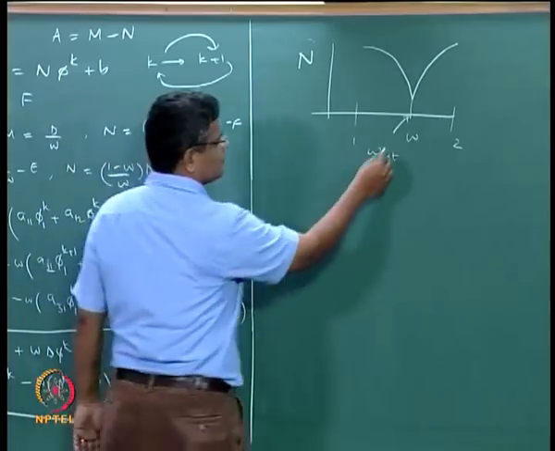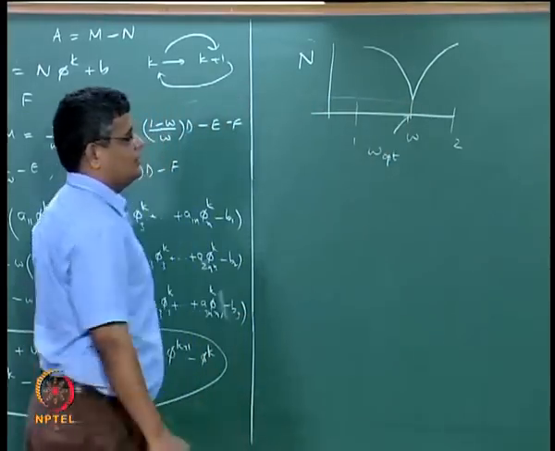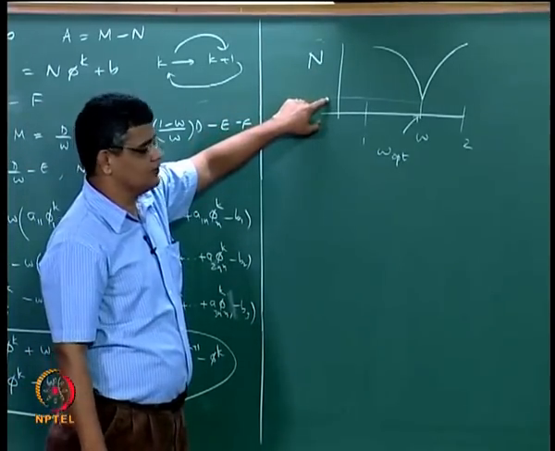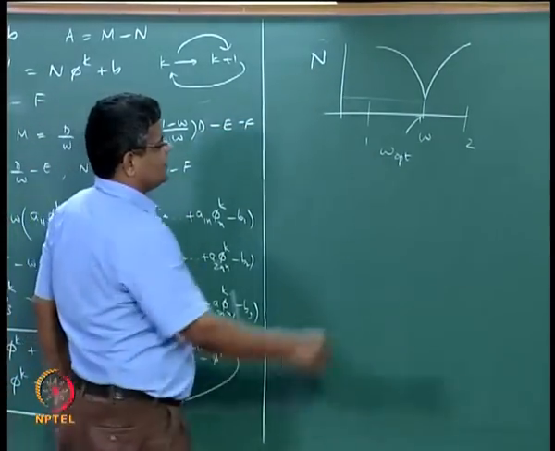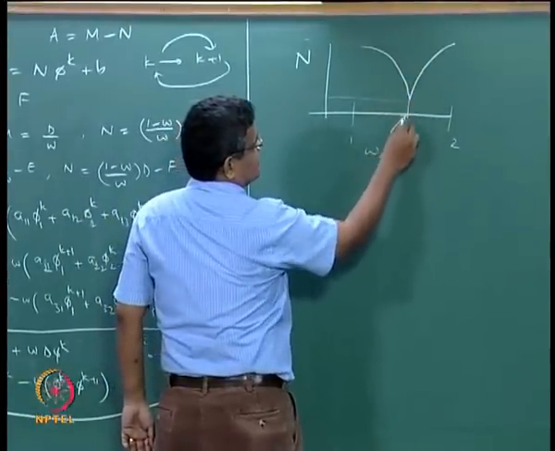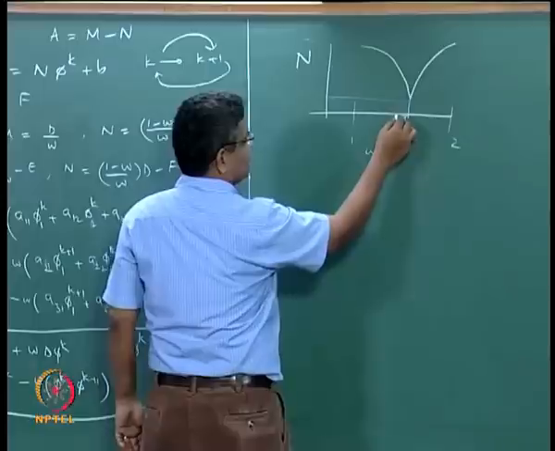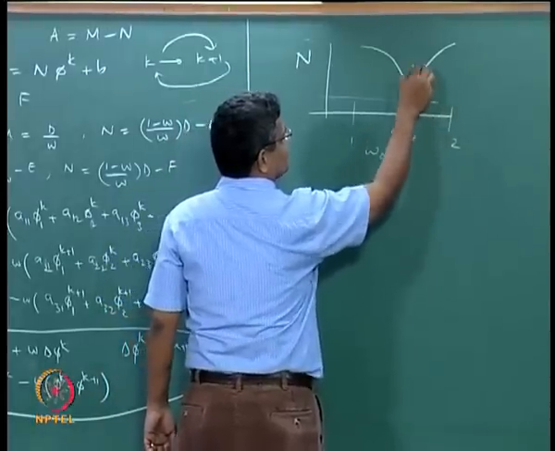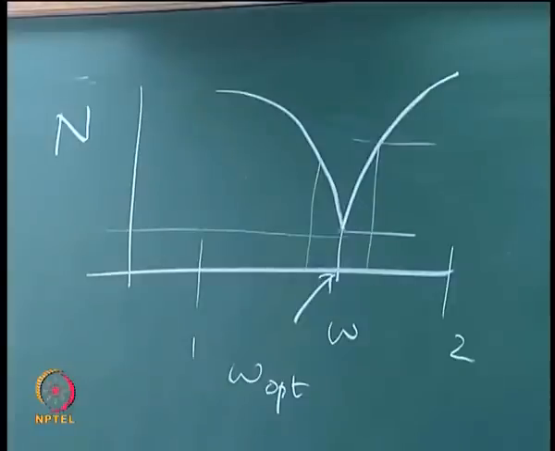So at the optimal value you have a large decrease in the number of mathematical operations required, and this is typically steep, so that if you are suboptimal, if you took a value of omega either like this or here, you would have a much higher number of operations.